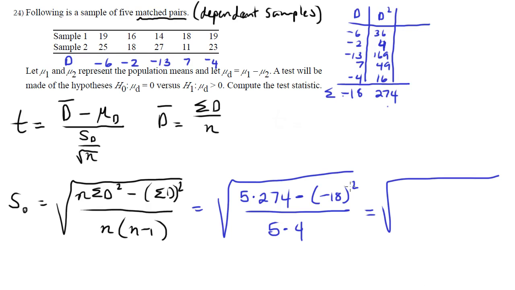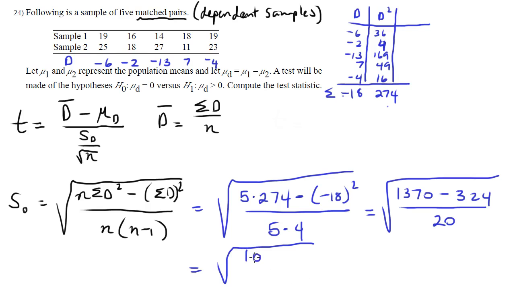So let's say 1370 minus, this is going to be over 20, right? Minus 324 over 20. So 1370 minus 324 should be 1046 over 20.